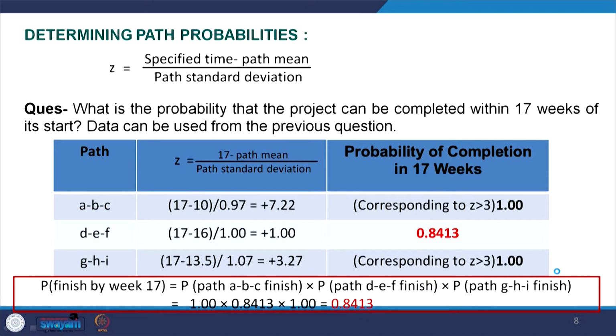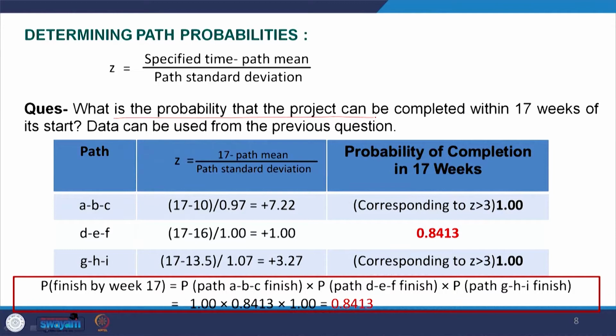Now, what is the benefit of calculating the standard deviation for each of these paths? It is going to help us in determining the probability of completing the project within a particular time limit. What is the probability that the project can be completed within 17 weeks of its start?